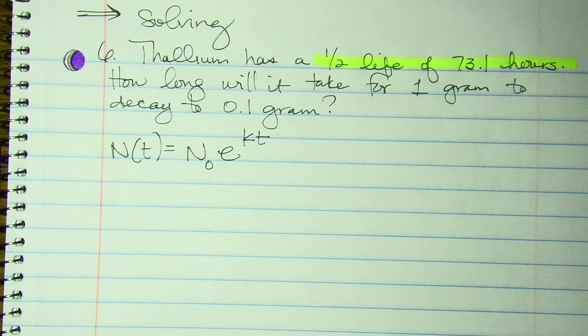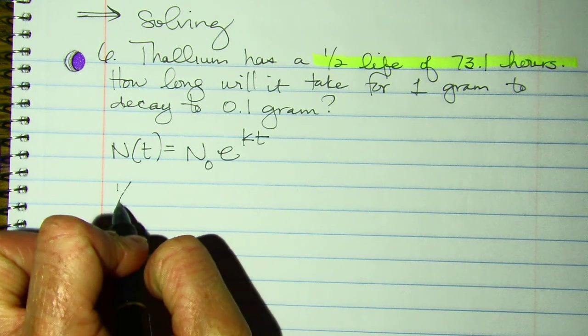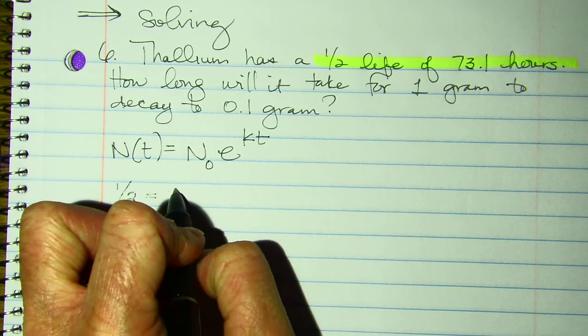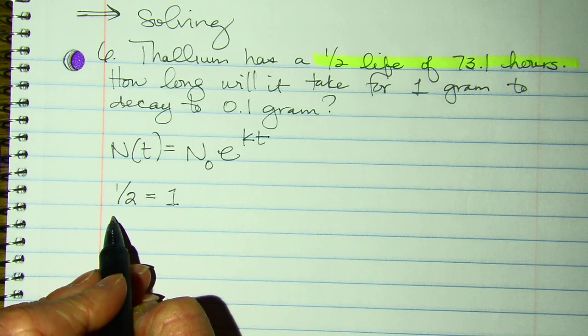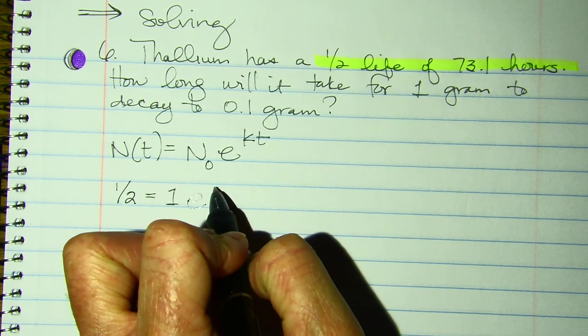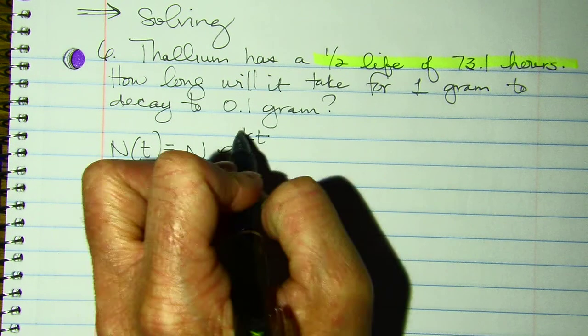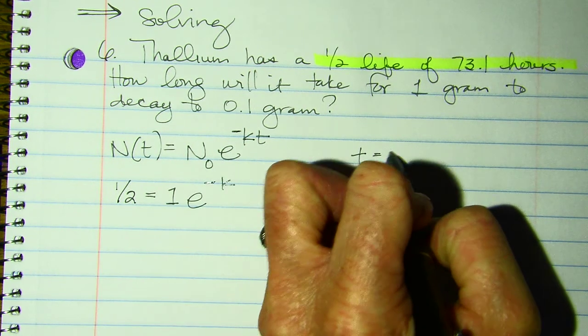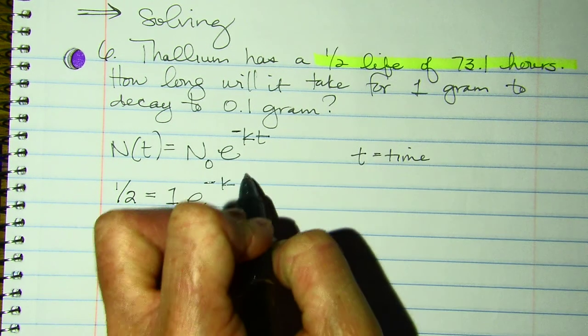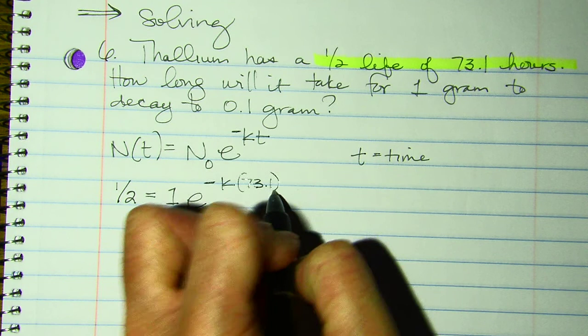No matter what you started with, let's say you started with 1 milligram, half of it would be 1/2 times e to the, oh sorry, there should be a negative right here, negative k, and t stands for time.